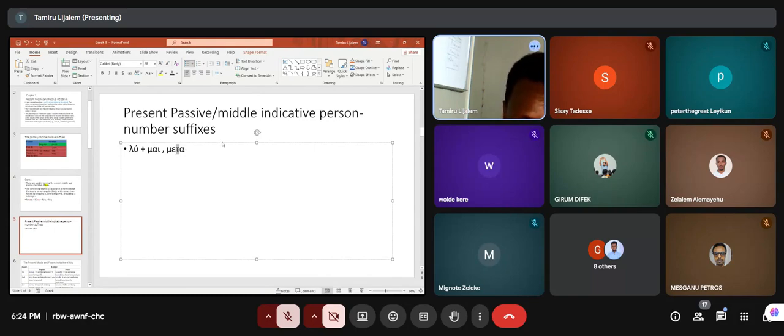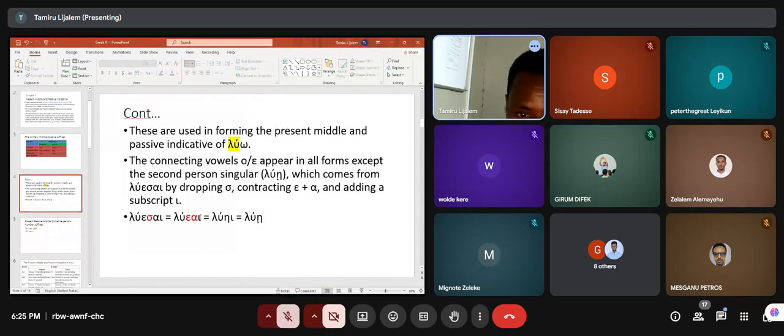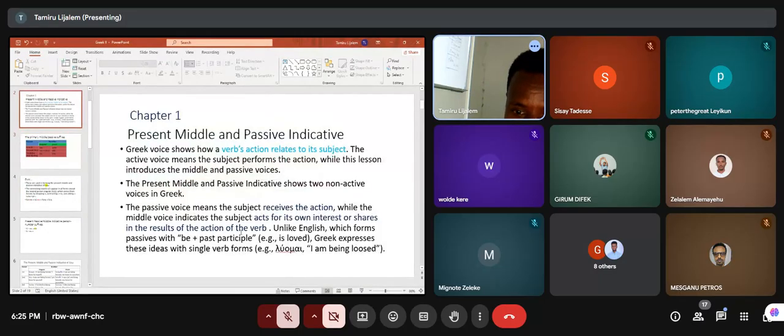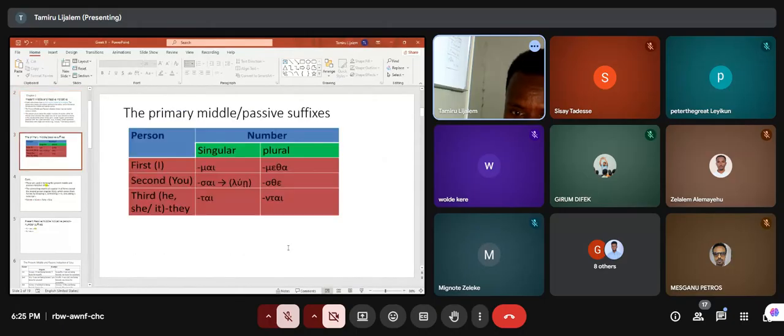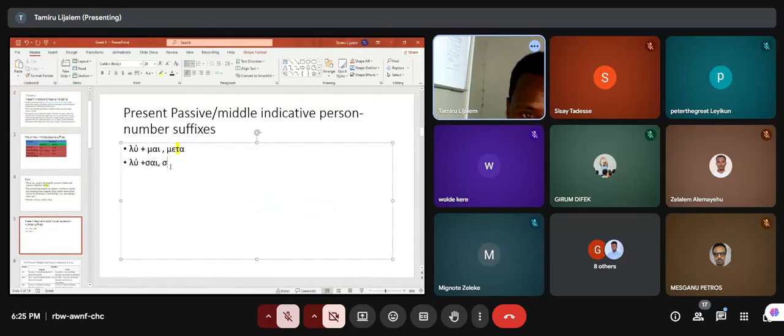Is this one a theta? Metha, not tab. This one is a theta. And the other one, mai, for my side. This one is te.